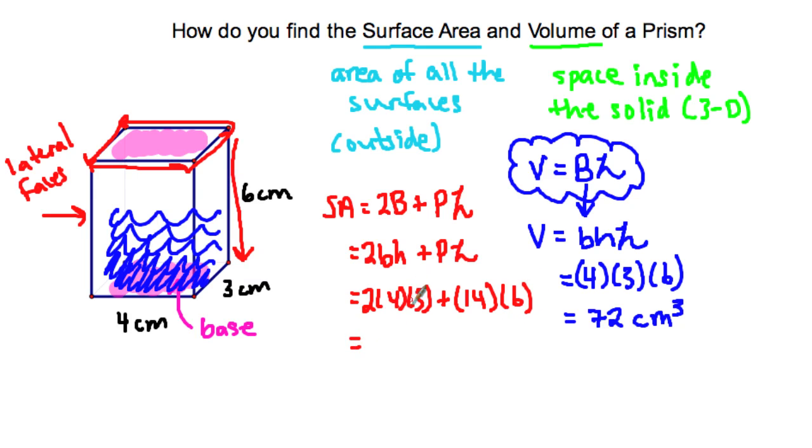So now we have 4 times 3 is 12 times 2 is 24 plus 14 times 6, that's a little bit harder, I think that's 84. And we add those two things together, 108 centimeters. And in this case, it's area, so it's squared.